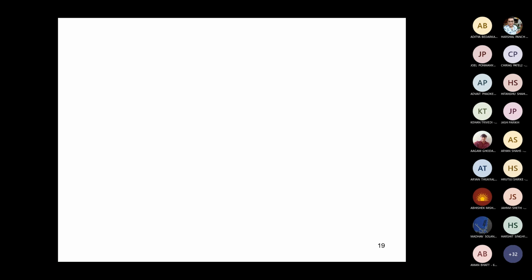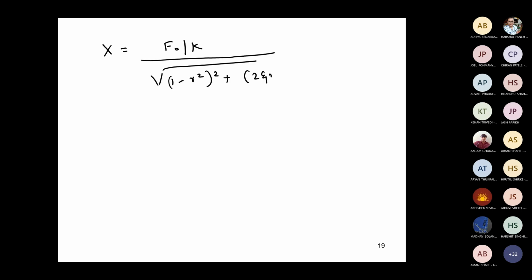All right. Now, what else is asked in the question? The steady state amplitude, right? So, how will you calculate steady state amplitude? X is equal to F0 by K upon square root of (1 minus r square) whole square plus (2 zeta r) whole square. Right? So calculate the steady state amplitude.